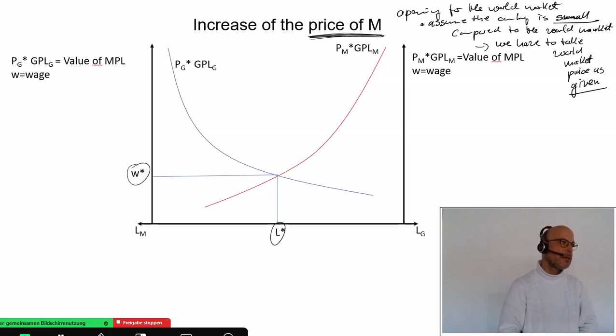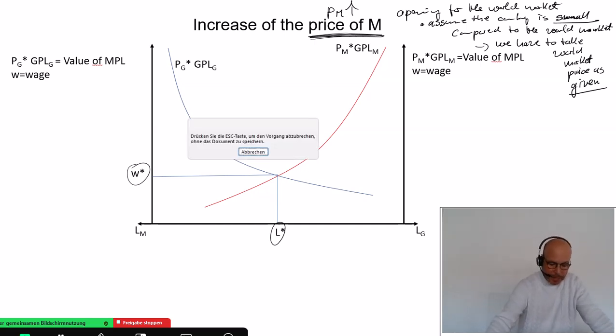Is there something changing? And then what happens, so to speak, if we do find a new equilibrium? So PM is going up. Okay, that much for today. And next week we will then analyze this model in general.